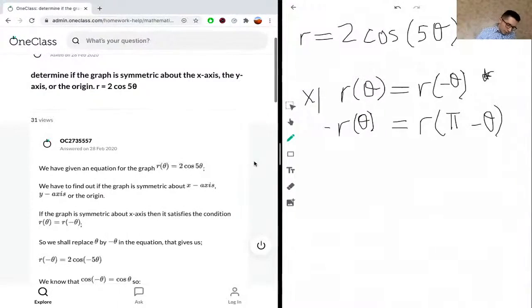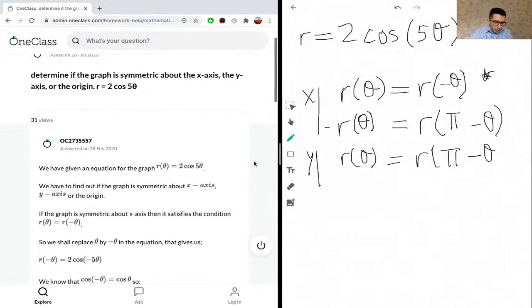For symmetry on y, we would substitute r into theta and theta into r, and then we would substitute r pi minus theta. So here we have r theta has to be equal to r pi minus theta.